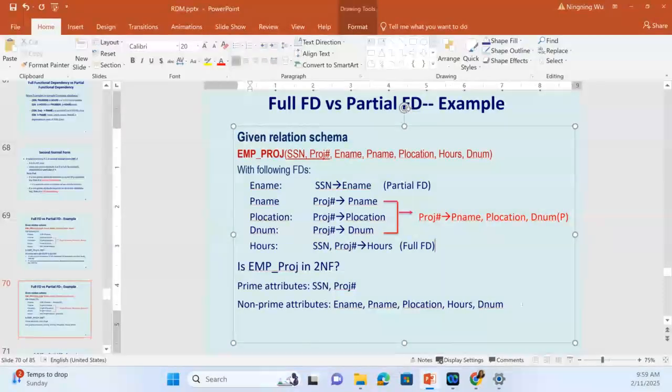So now we are probably able to understand if this is in 2NF. The answer will be no. Why? Because we do have partial functional dependency. Because some non-prime attributes, because partial FDs exist on the relation schema.